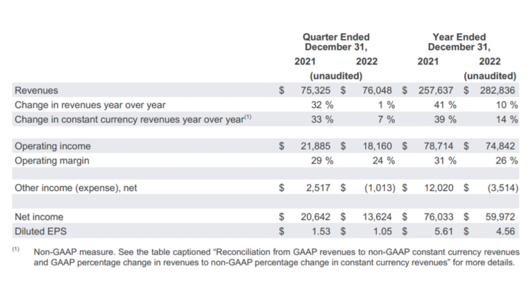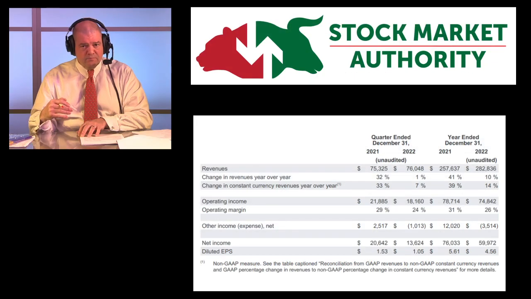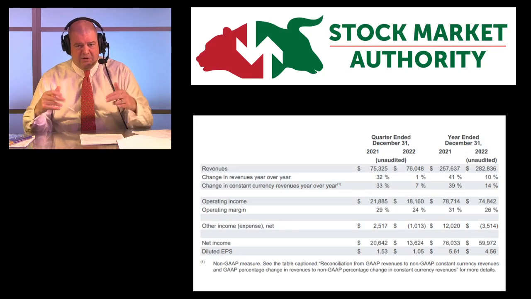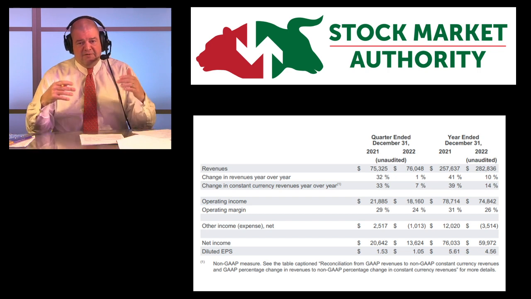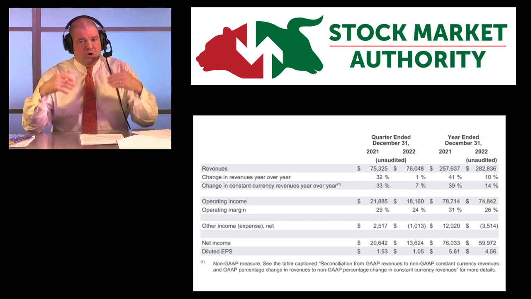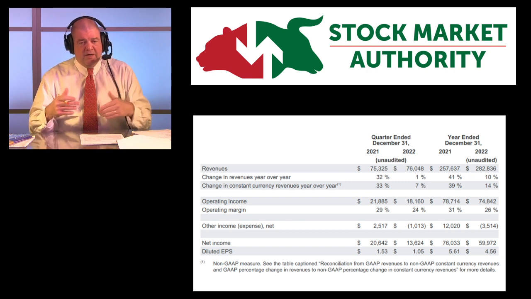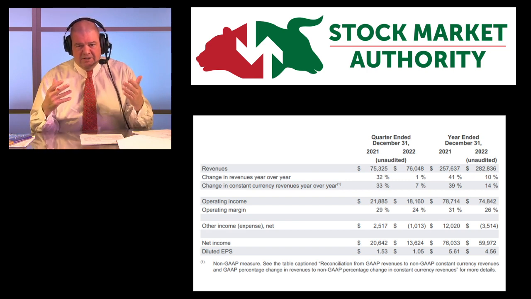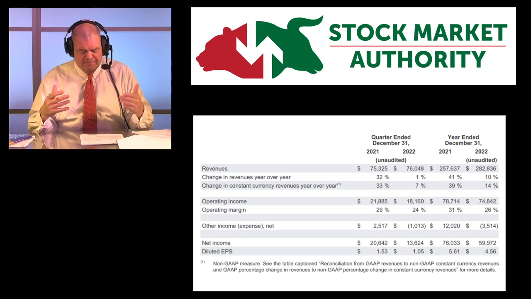I wanted to beat the top line too. That's particularly important, revenues, but I wanted them to beat the bottom line. If you beat the bottom line, that's called beating expectations. And if you raise guidance, which means you're raising what people think you're going to earn in the future, then the stocks tend to like that. So that's the reason we talk about earnings and EPS so much here.